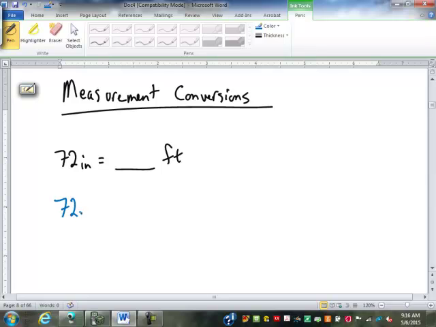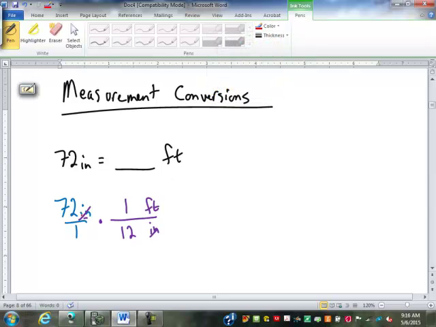You make the 72 inches into a fraction by just putting it over 1. Then we're going to multiply by a conversion factor. And in the conversion factor, since inches are on top, we're going to put inches on bottom so that they'll cross-cancel in our fractions. Let's see, 1 foot equals 12 inches. Very good. So that fills in our conversion factor.